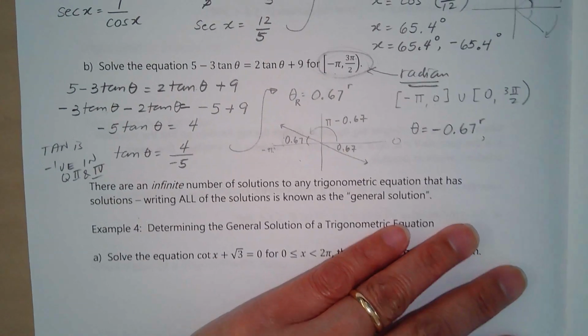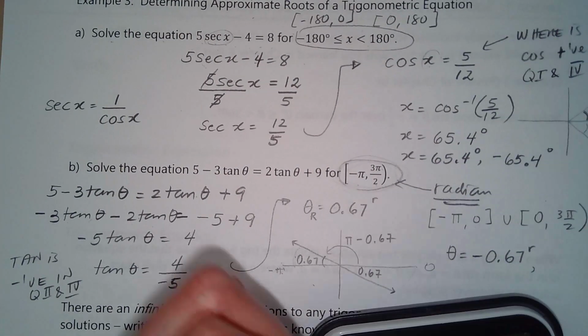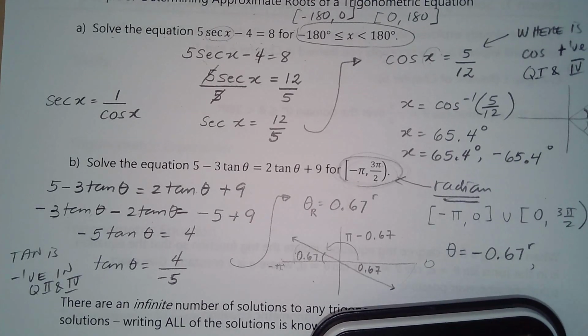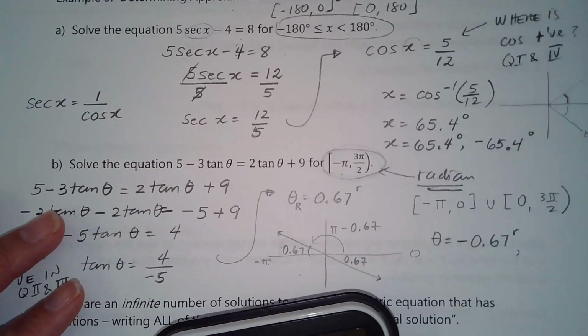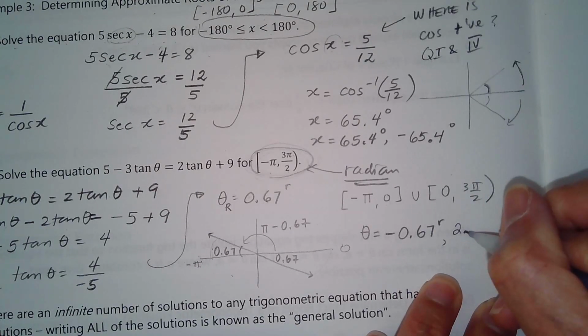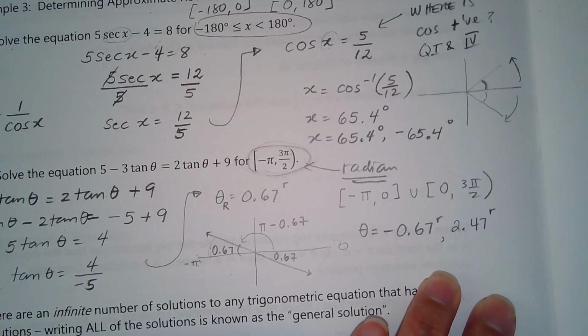Pi minus 0.67. It's going to be 2.47, and I'll just put R for radians there.